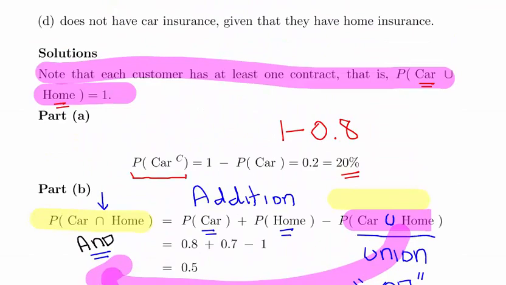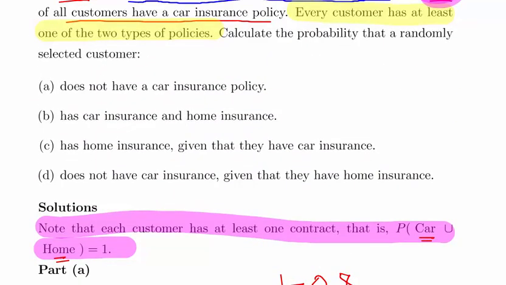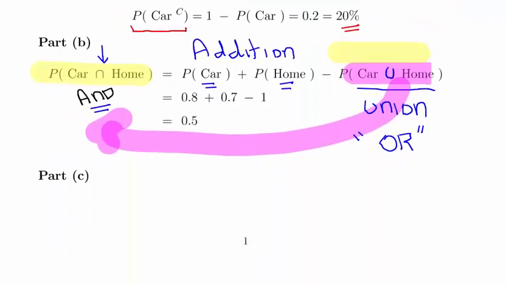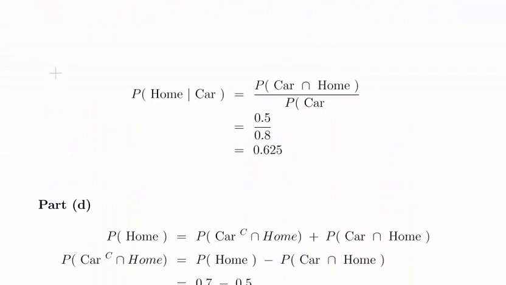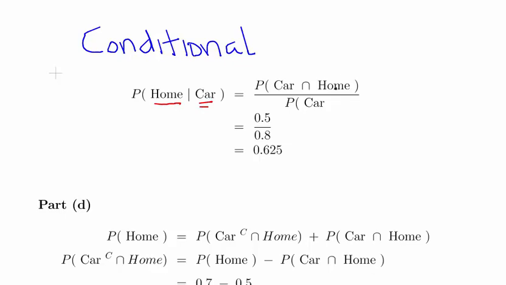The next question is, has home insurance given that they have car insurance? This is a conditional probability question, so we use the conditional probability formula.